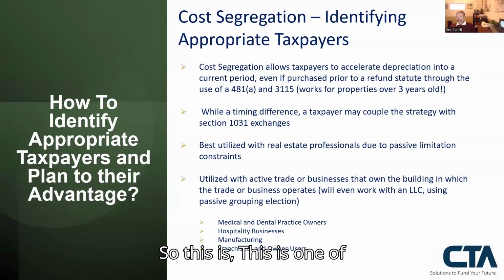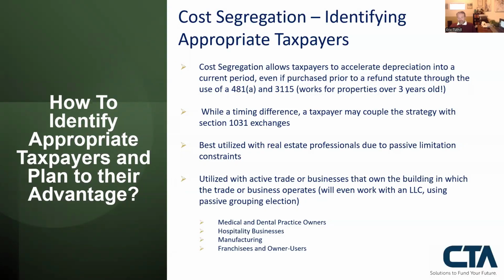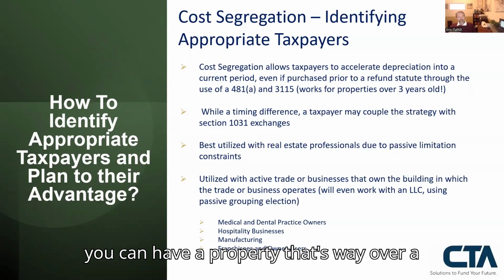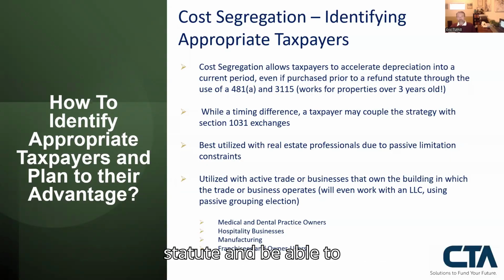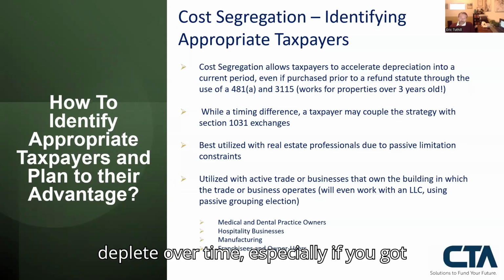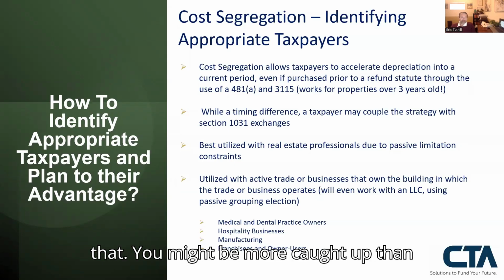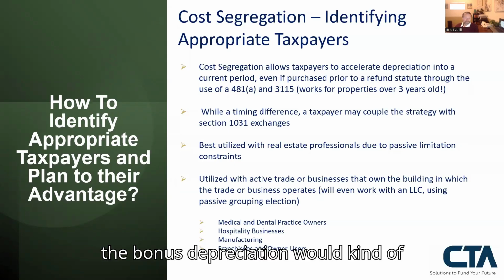So this is one of the cool aspects. When I said you can have a property that's way over a statute and still be able to utilize that property. It does deplete over time, especially if you have 10-year property or something like that. You might be more caught up than the bonus depreciation would help.